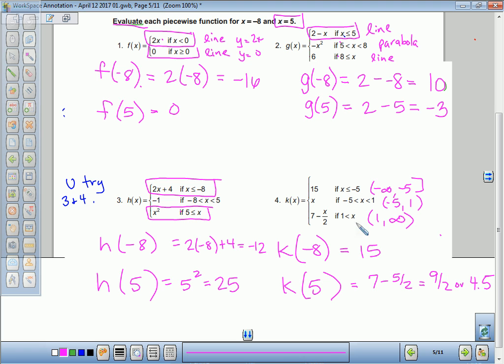Overwhelming. Okay. Yes, Jack? How did you do K of 5? Okay, so K of 5 fits in this interval. So you plug the 5 in. 7 minus 5 halves is 14 halves minus 5 halves, which is 9 halves, or 4.5.